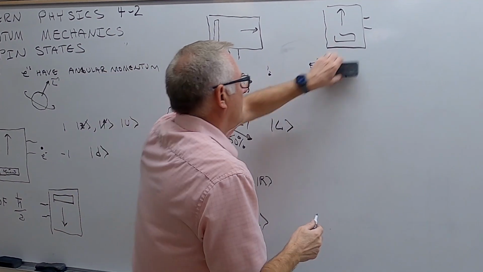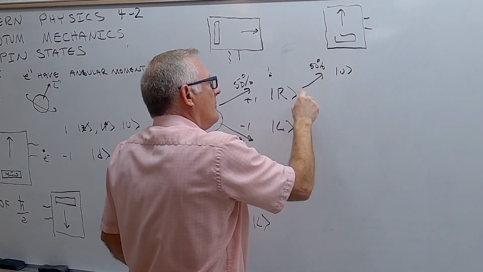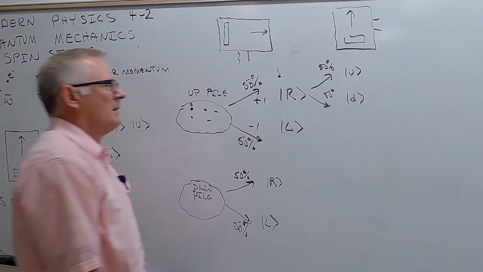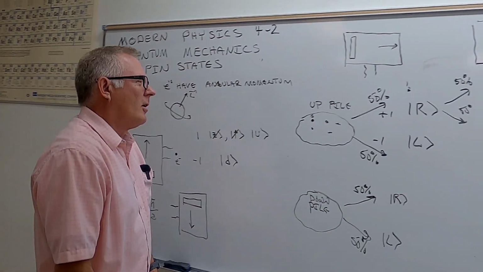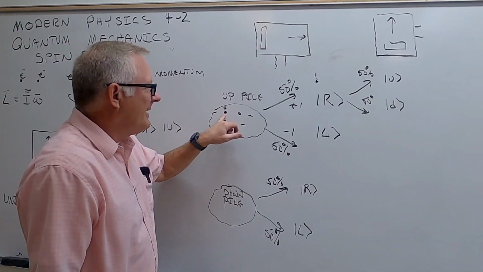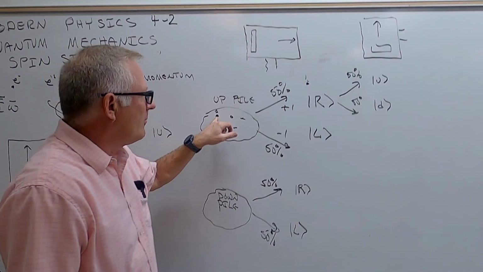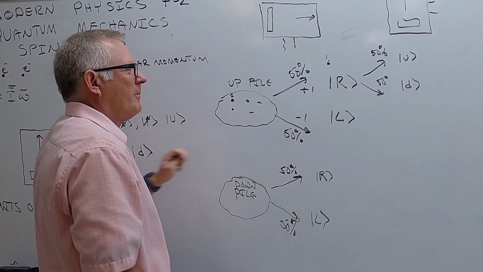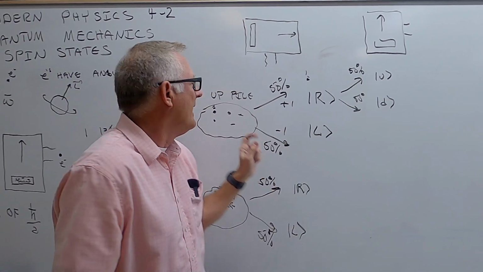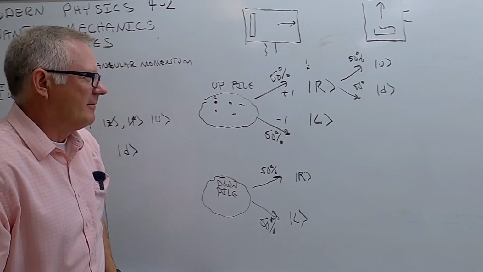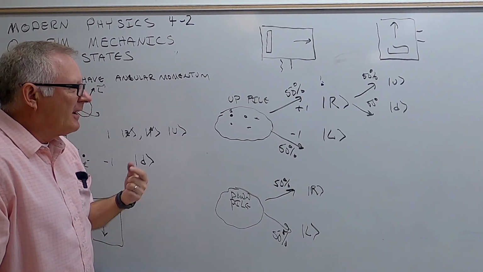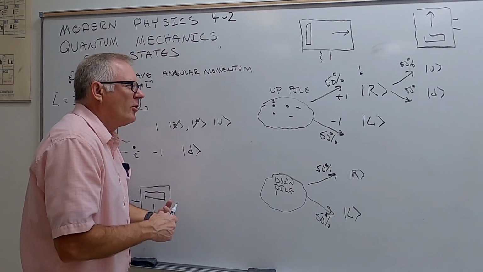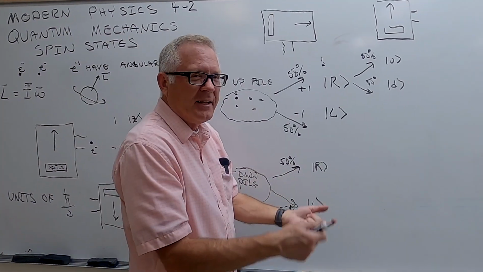This thing's going to go back to 50% up, 50% down. So he did not remember. For some reason, when we made the right measurement, we erased all this information, because when we went back up, he's not necessarily going to be up again. So it looks like every time you make a measurement, you're erasing the past and preparing the state.